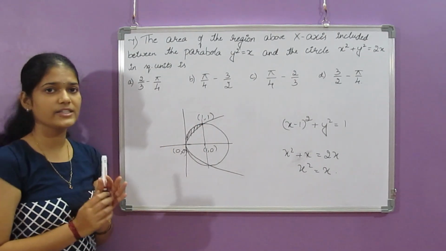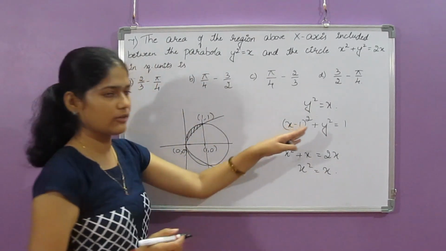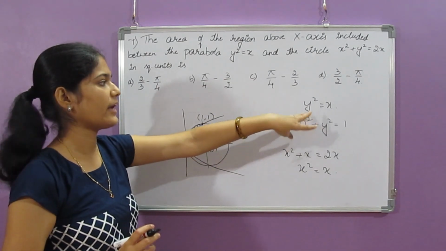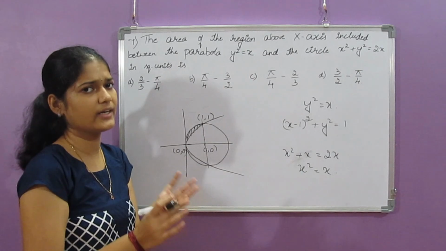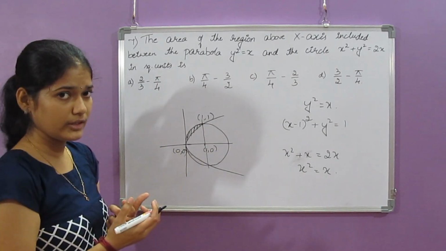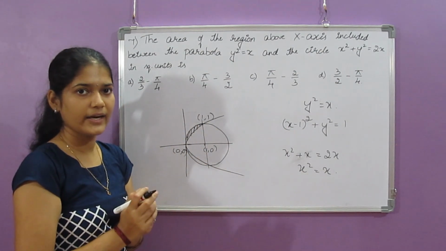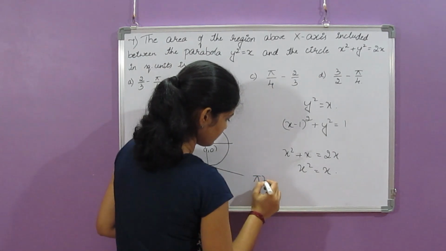To find this region, you know that we have to integrate, and we have to convert this equation in the form of y, and also convert the other in the form of y and integrate. Instead of that, we already know the area of a circle, right? What is the area of a circle? That is pi r square.